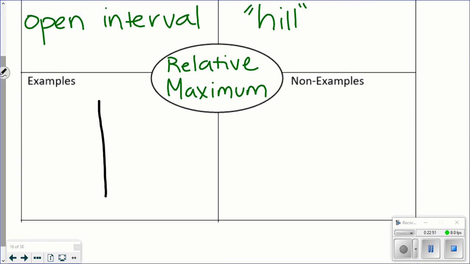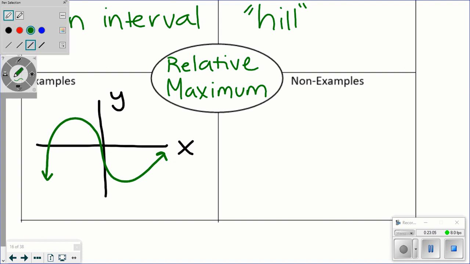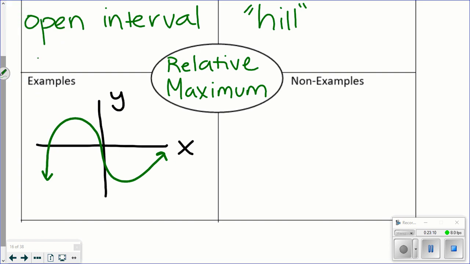So here's my x-axis, here's my y-axis. I'm just going to draw on a graph. I kind of see a hill, so we're going to say it's right here. This would be my relative max, and I'm going to say it occurs at 4.